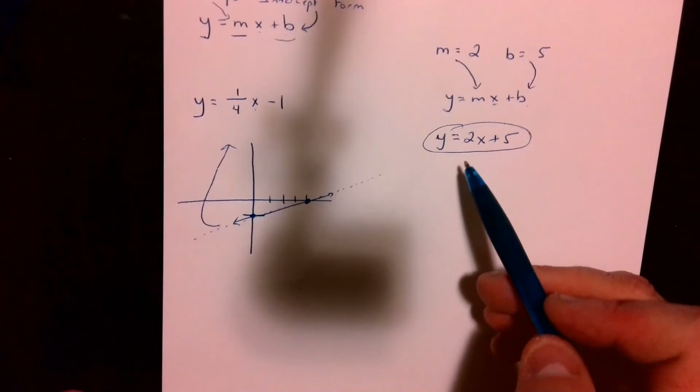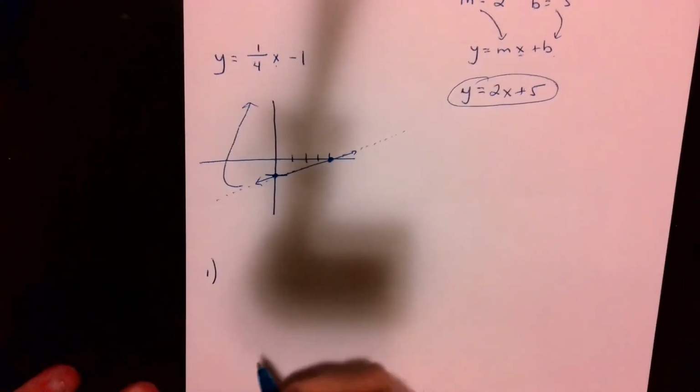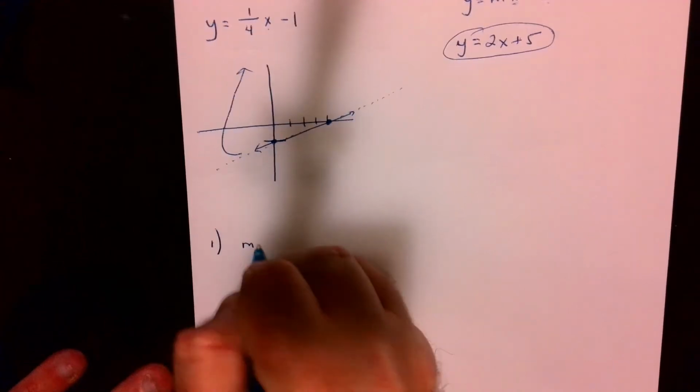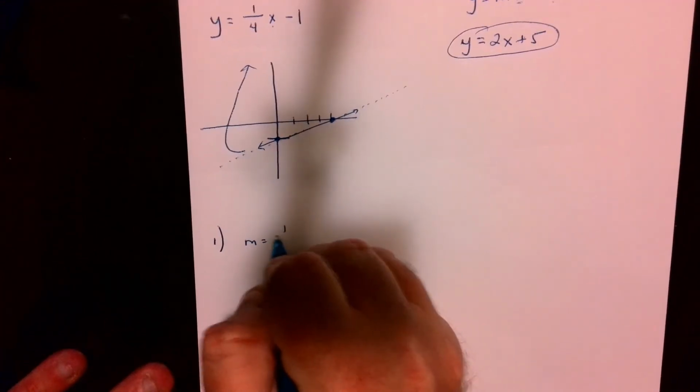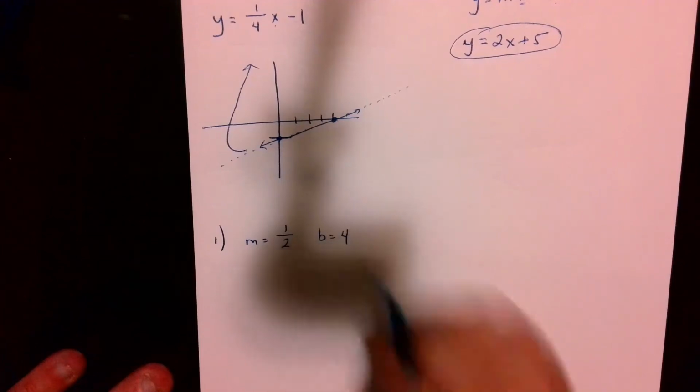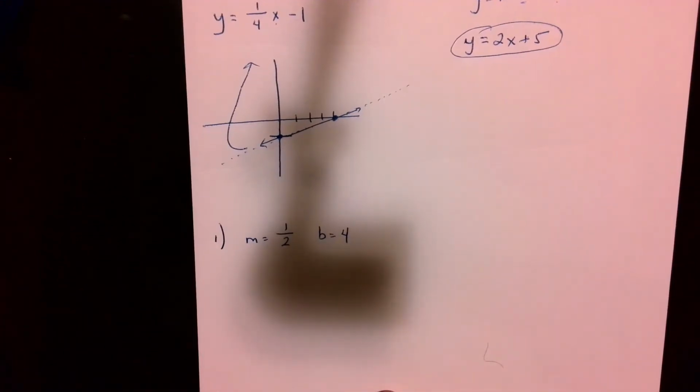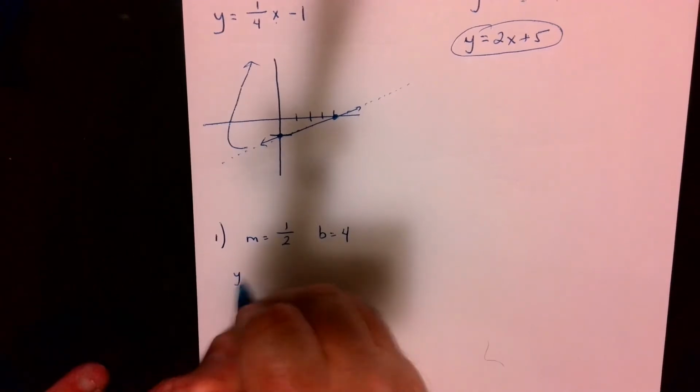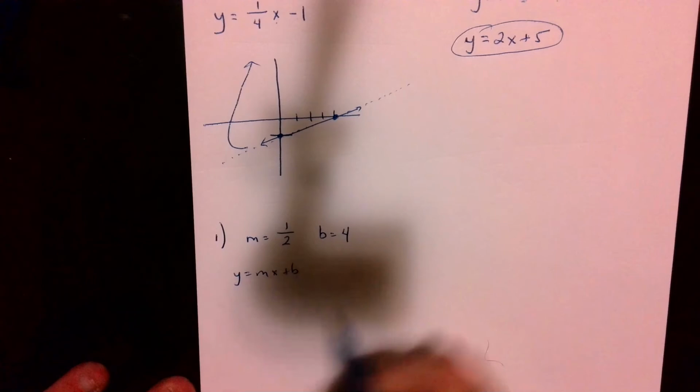Now stay with me. There are some tricky ones. Don't want to get you confused. So if we jump down here and I tell you that the slope is a fraction, let's say 1 over 2, and I tell you your intercept this time is 4. Okay, I want to write this into slope-intercept form. So y equals mx plus b.